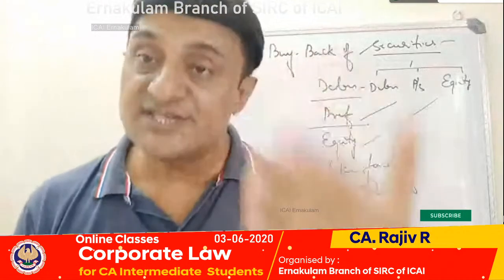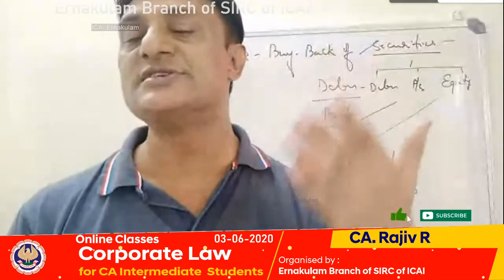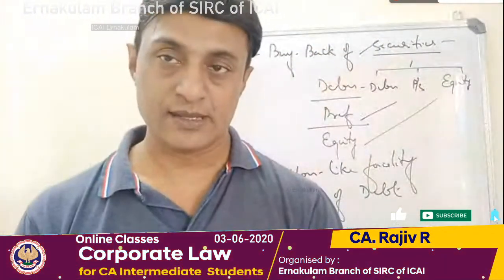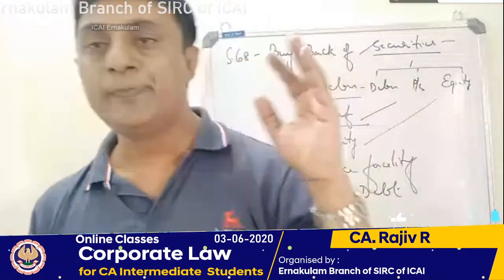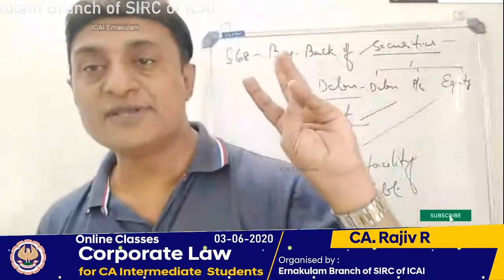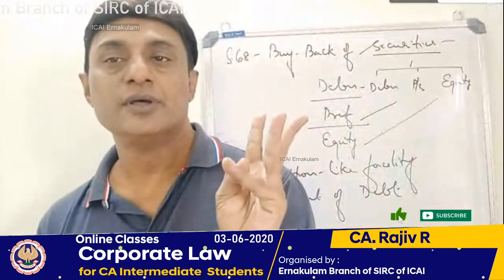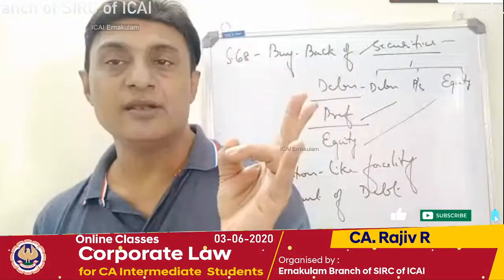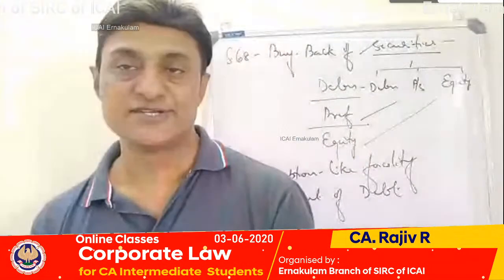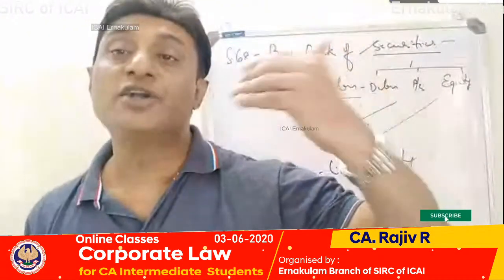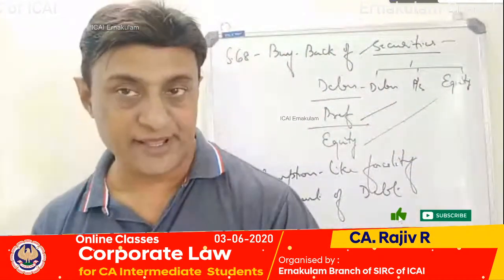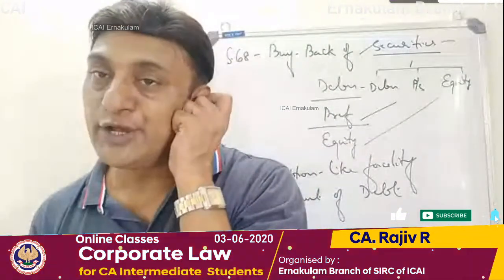This is the history, or this is how the concept of buyback came. So buyback could be of equity share capital, which is what it is meant for, or it could be preference share capital, or it could be debentures. Any of them can be bought back by a company from its security holders.